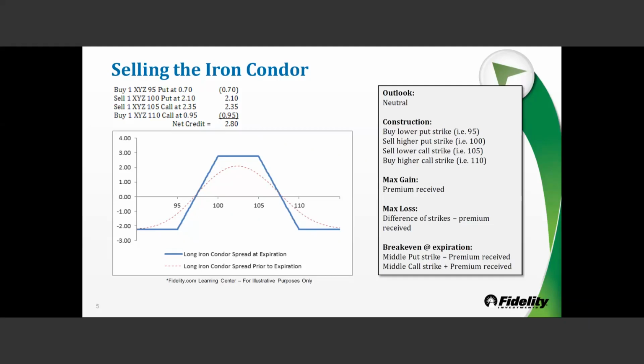I think the main thing you have to understand, in my opinion, is the verticals. If you understand the verticals very well, then you can create your own legs and inverse iron condor, or you can do back spreads, or you can go wider in one direction and narrower in the other direction, based on your conviction.